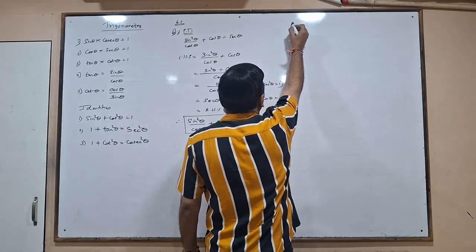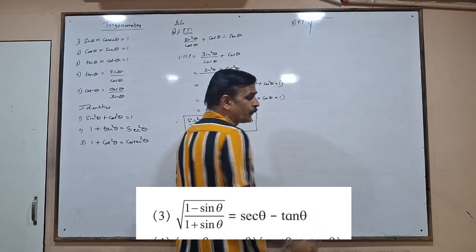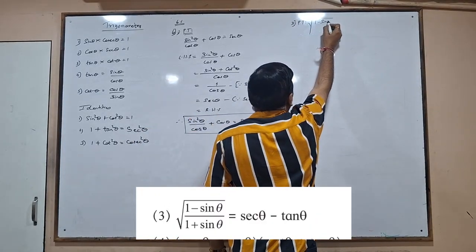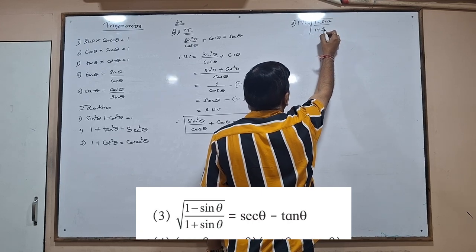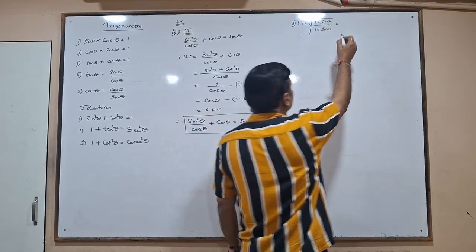Then the third question: prove that square root of 1 minus sine upon 1 plus sine is equal to sec minus tan.